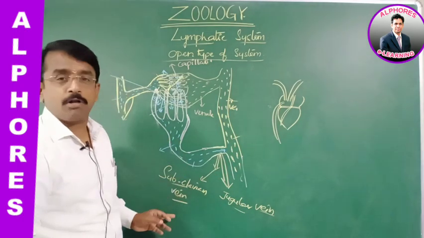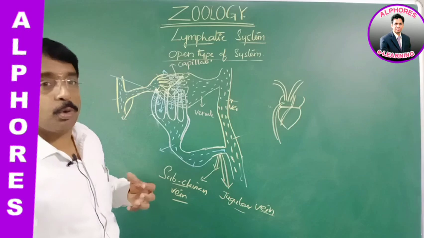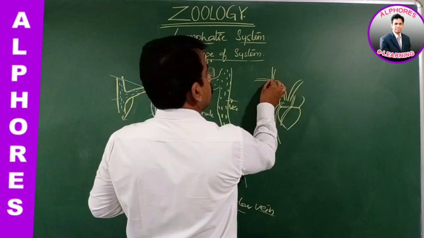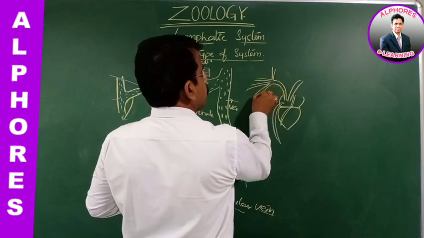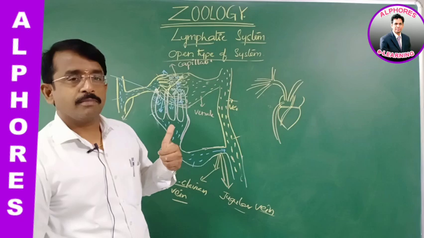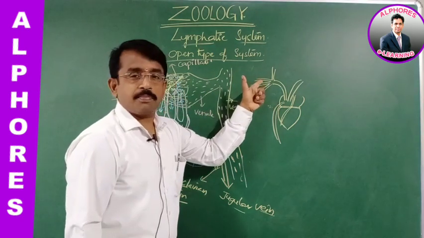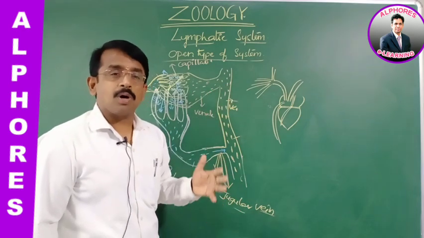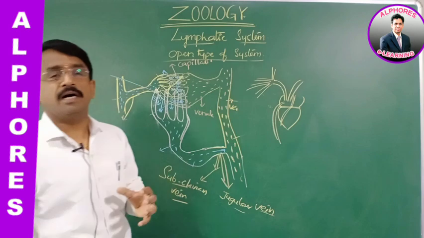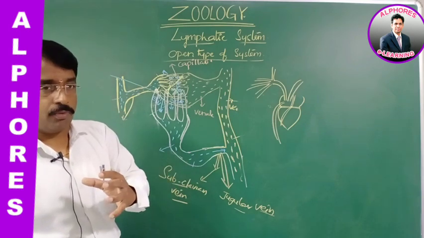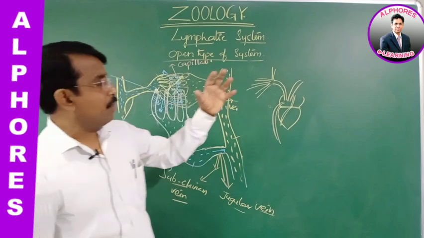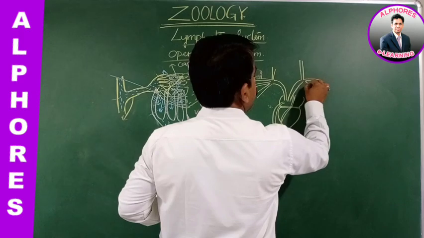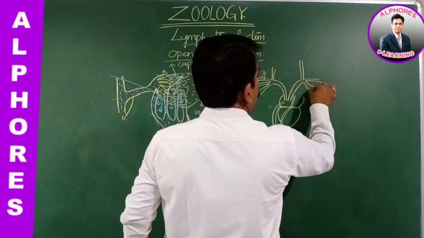In fact, these two are also veins. Let's see what those are. The precaval vein, right and left, has branches named the jugular, subclavian, internal mammary and vertebral.